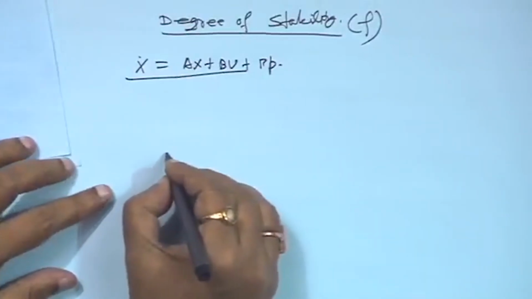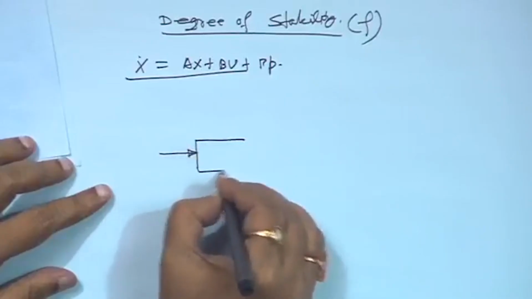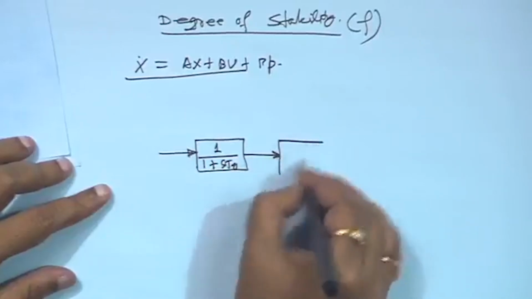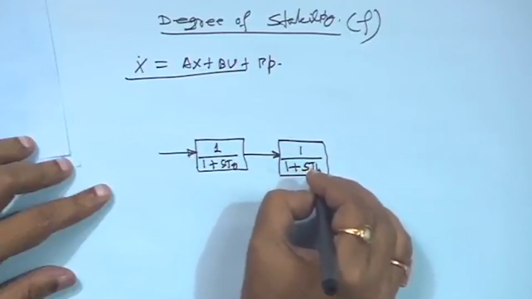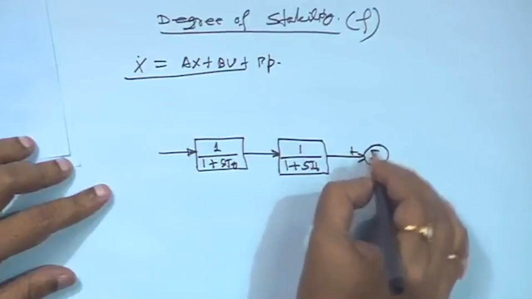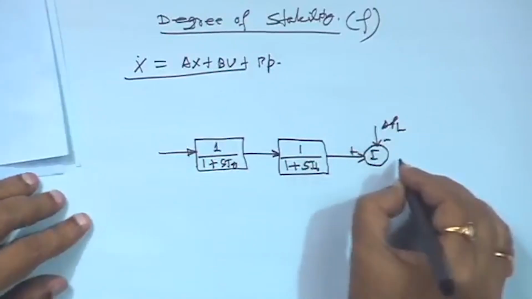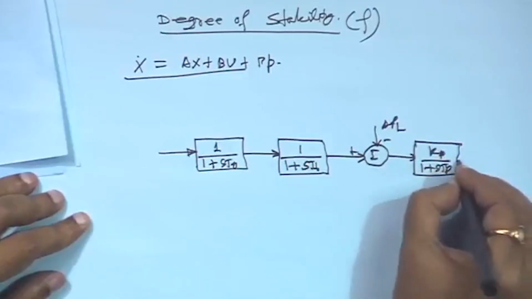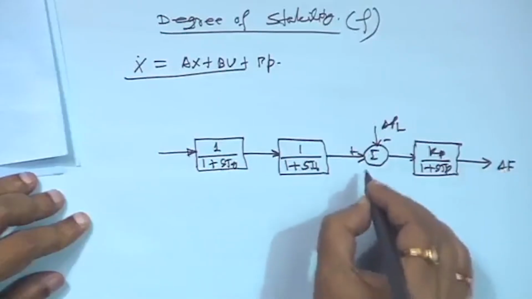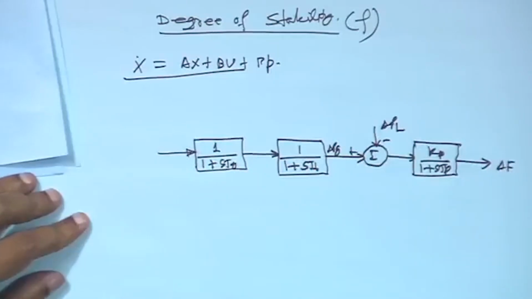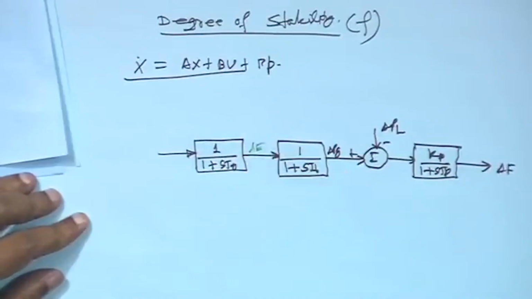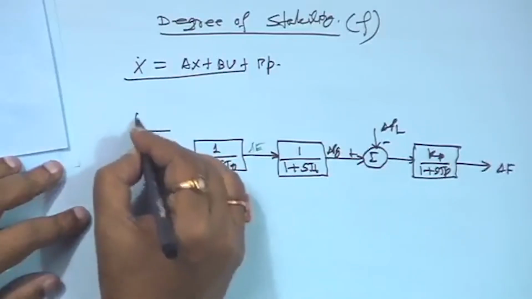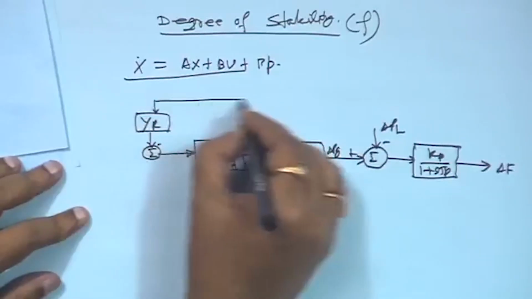For example, just try to understand: this is your 1 upon 1 plus sTG, this is your 1 upon 1 plus sTT, this is minus delta PL, the load, this is Kp upon 1 plus sTP, this is your delta F, and this is your delta Pg, and this is your delta E. Then this minus thing is there, this is 1 upon R, and it is coming from here.